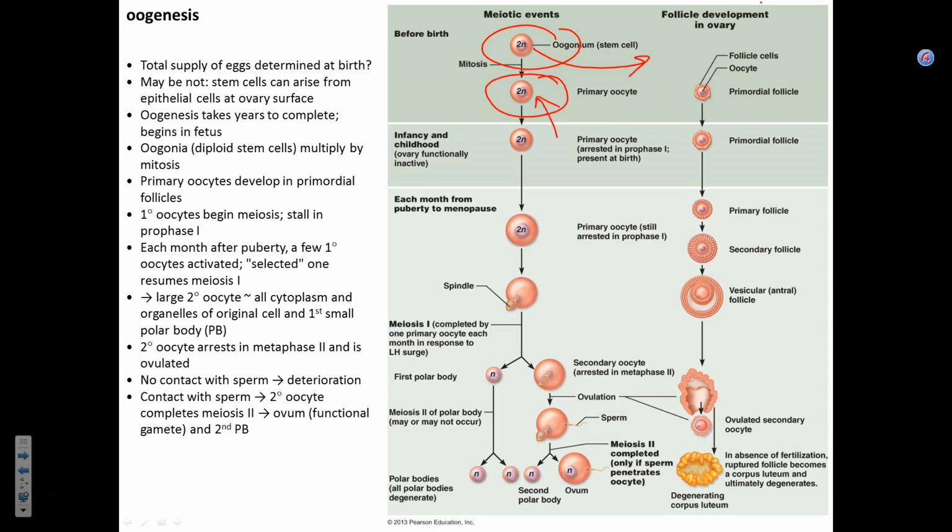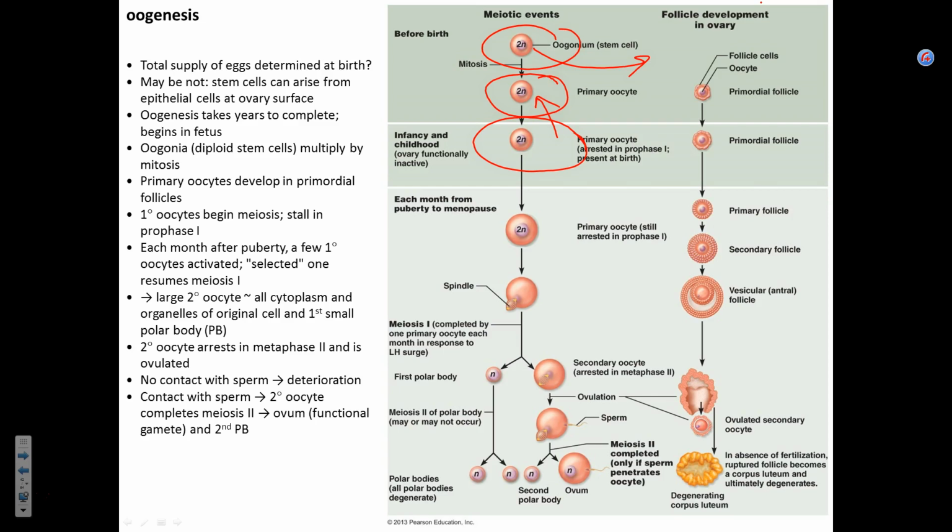The primary oocyte, which is formed during embryonic development and early childhood, is arrested in prophase of meiosis, prophase 1, which means it does not develop further. There's a certain number of primary oocytes that women have.